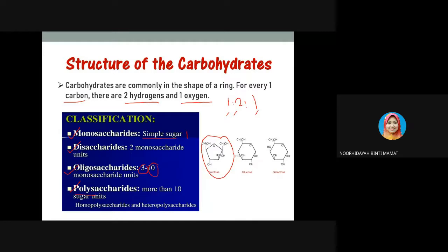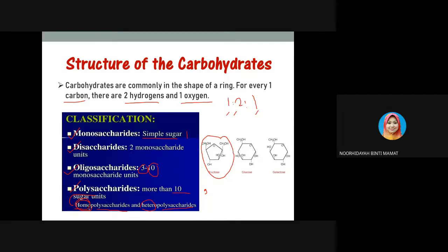And polysaccharides can be divided into homopolysaccharides and heteropolysaccharides. What is the difference between homo and hetero? When you talk about homo, it must be the same, right? Satu. So homopolysaccharides are composed of the same repeating units. For example, a polysaccharide of glucose is the combination of glucose and glucose, more than 10 sugar units.